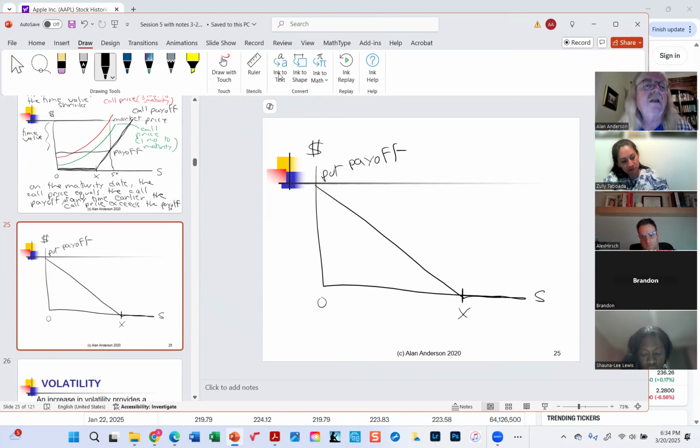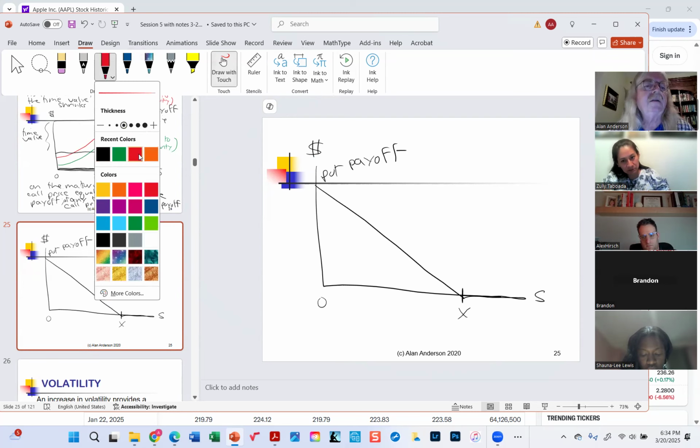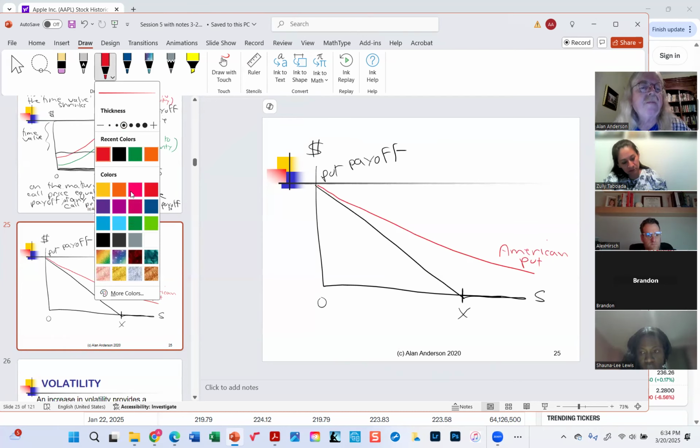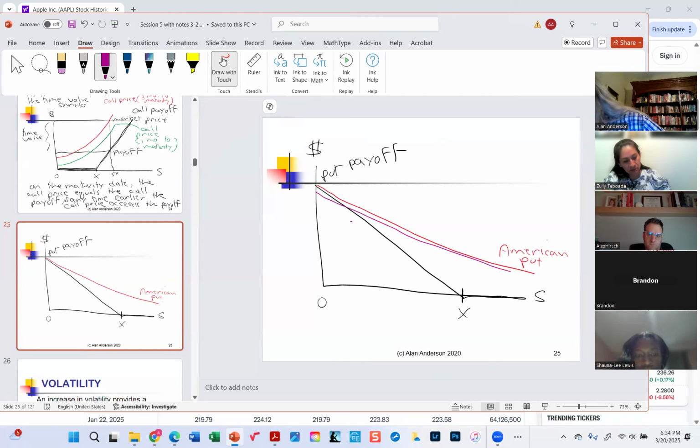The market price of an American style put and a European put. Now, remember, the American put is always worth more. So it's hard to be sure without more data how close they are to each other, but this is the part that we want to focus on.